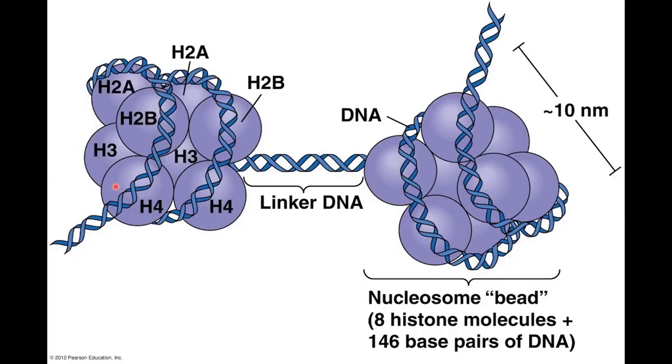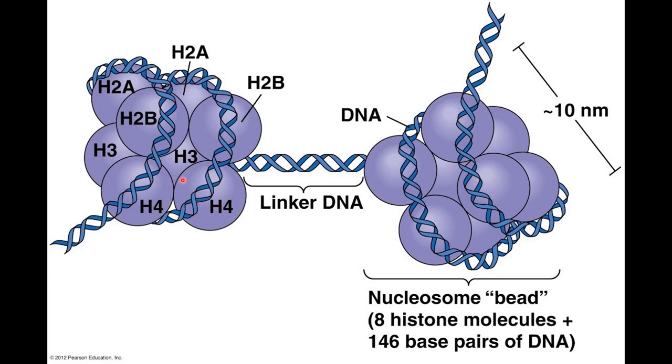Now you can see here, this is the octamer of histone. Here you can see 8 subunits, 1, 2, 3, 4, 5, 6, 7, 8. Out of these 8 subunits, two are H2A, two are H2B, two are H3, and two are H4.